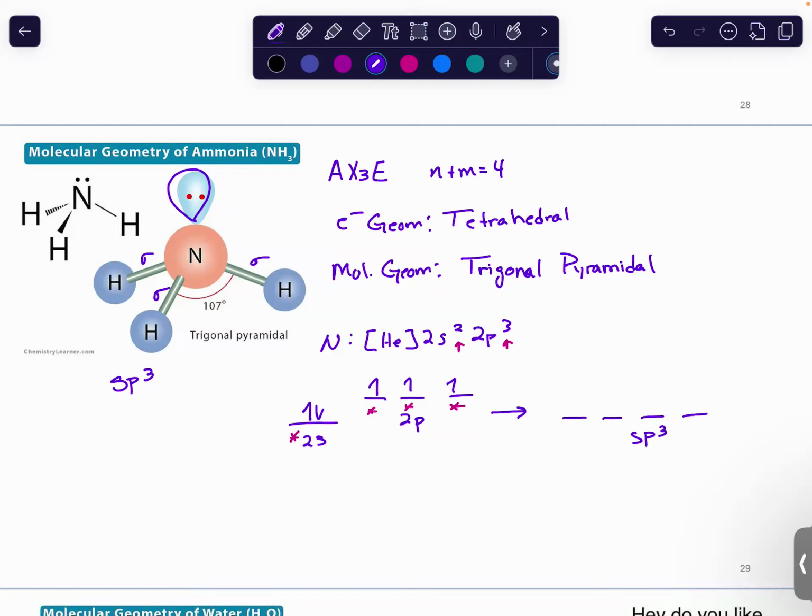So sigma bonds, again, are a single electron. So 1, 2, 3. I have the 3 sigma bonds taken care of. I've used 3 of the 5. Means I have 2 electrons left. Lone pair. Again, as we're going through this, your lone pair was in the hybrid level by default here. You're going to have to remember as we go on, your lone pairs are going to have to go in the hybrid level.